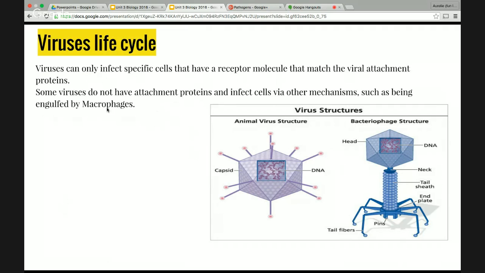They eat the pathogens. So when a macrophage eats those viruses, that's how the virus ends up inside the macrophage, and then the virus infects the macrophage, which is not a good thing, because that means that it can escape the immune system. It can hide inside macrophages.